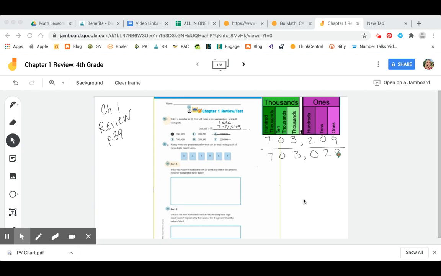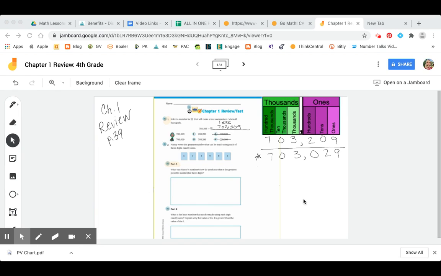I need to make sure this number is actually less than this number here. 703,000 is the same on both numbers. But in the hundreds place, I have a 0 and a 2. So this number is in fact less than the target number, 703,209, so I'm going to choose that one as well.